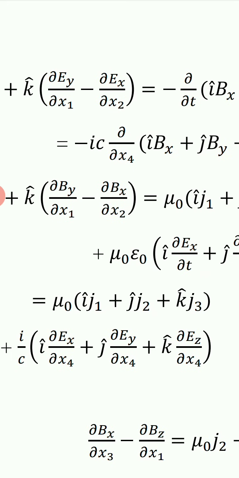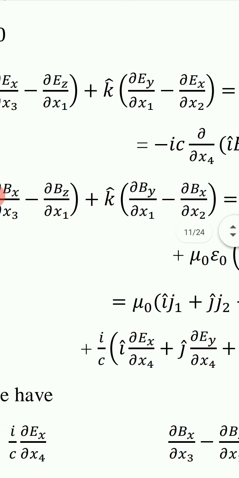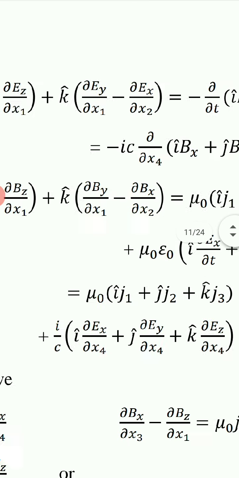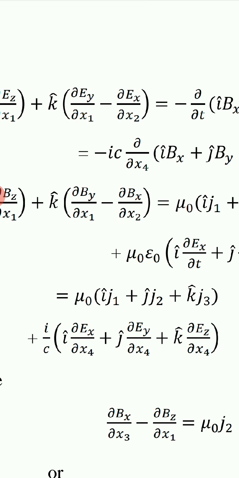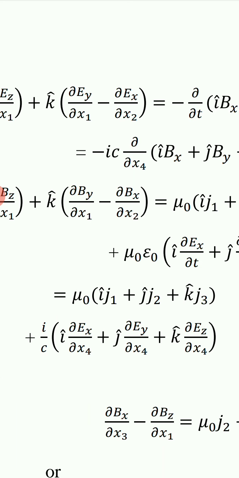Right hand side of this fourth equation is equal to mu 0 (I cap j1 plus j cap j2 plus k cap j3) plus I upon C (I cap delta Ex upon delta x4 plus j cap delta Ey upon delta x4 plus k cap delta Ez upon delta x4).